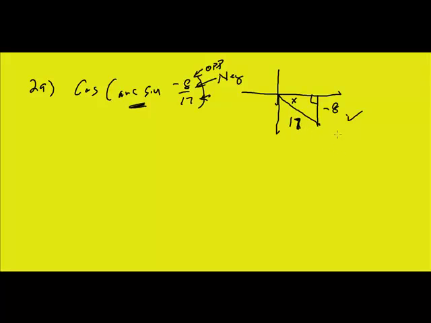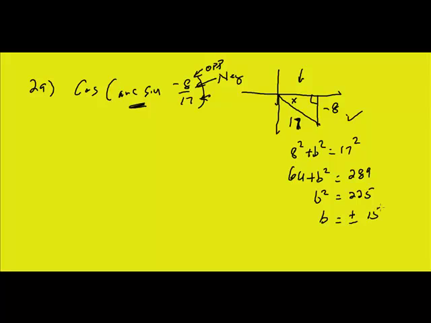Now I have to find out what my side here is, so I'm going to use the Pythagorean Theorem. 8 squared plus b squared is equal to 17 squared. This is 64 plus b squared is equal to 289. 17 squared is 289, so b squared is equal to 225, hence b is equal to plus or minus the square root of 225, which is plus or minus 15.